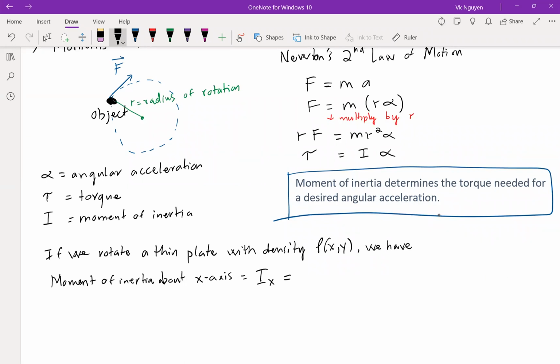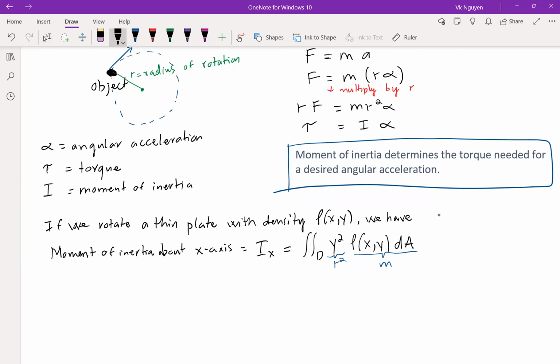According to here, it is the mass multiplied by the radius square. Well, the radius is the radius of the rotation, so that is the distance to the x-axis. It's gonna be a double integral over D, right? The distance to the x-axis squared is y square, and then the mass is rho xy dA. This is the m, this is the r square, m r square. Sum them up.